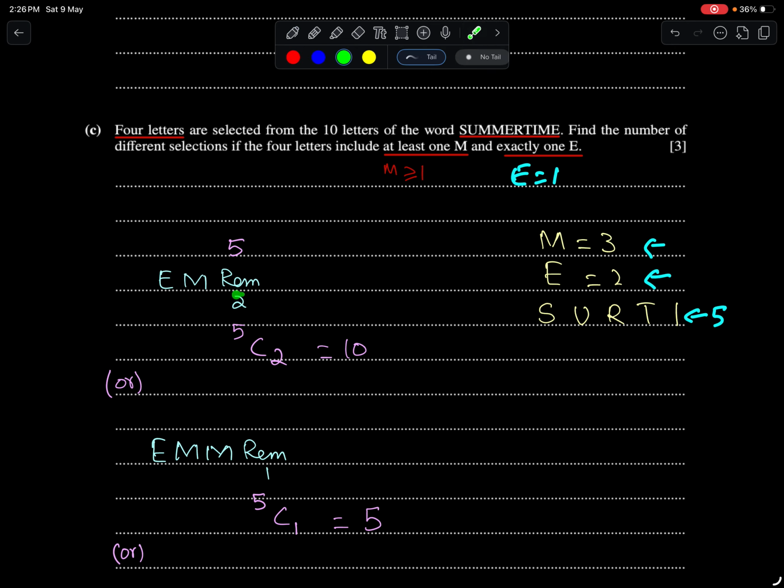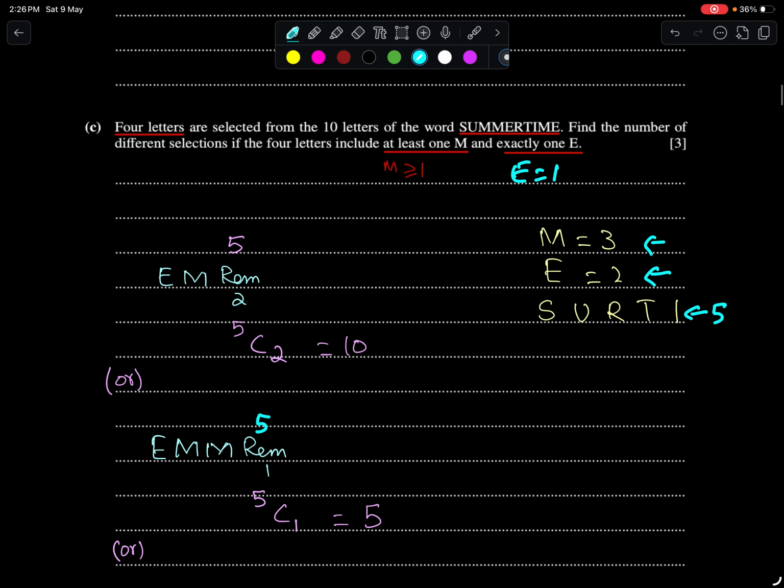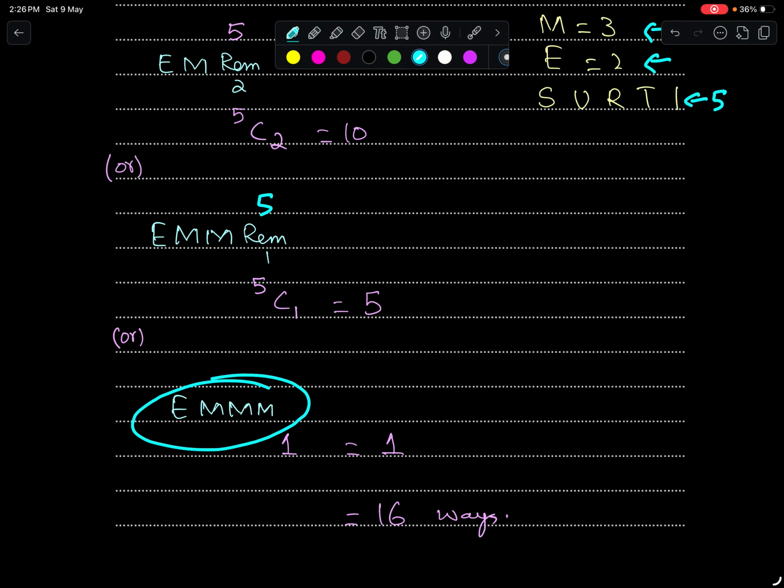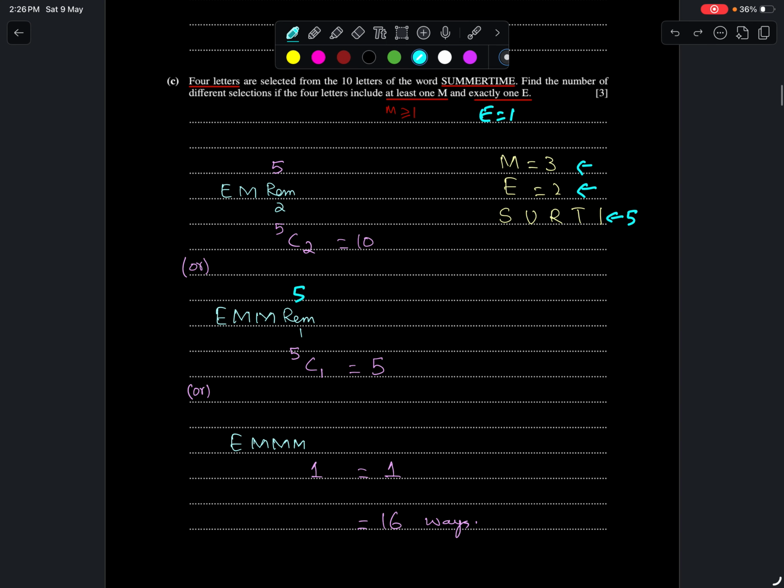So take any 2 from the remaining 5, 5C2. Now 1 E, 2 M's, and we need 1 from the remaining 5. Since there are 3 M's, this option is also possible. Now add all these.